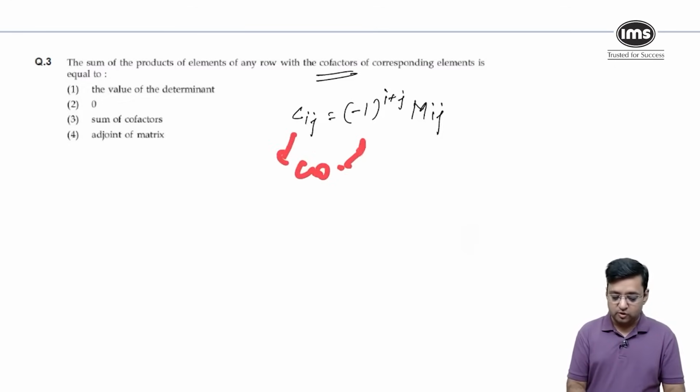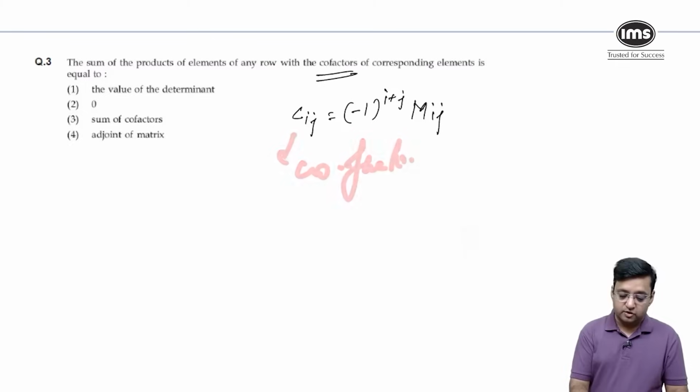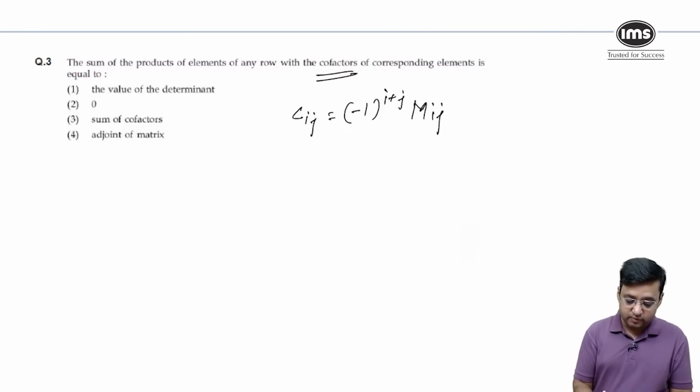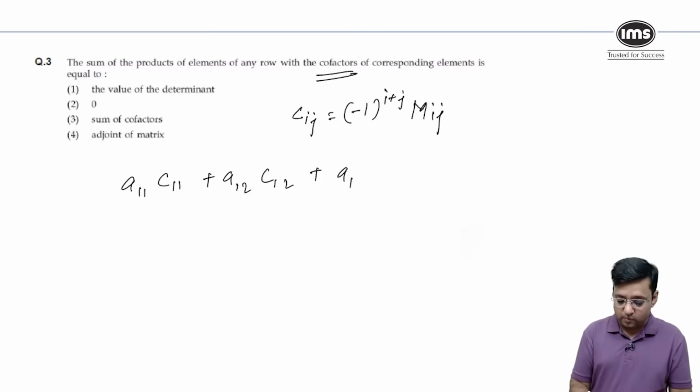The question says we need to find the sum of the product of the elements of any row with the cofactors of the corresponding elements. That means we need to find A11 C11 plus A12 C12 plus A13 C13.